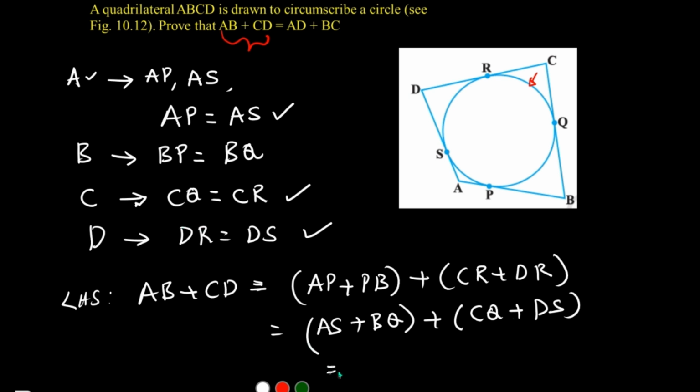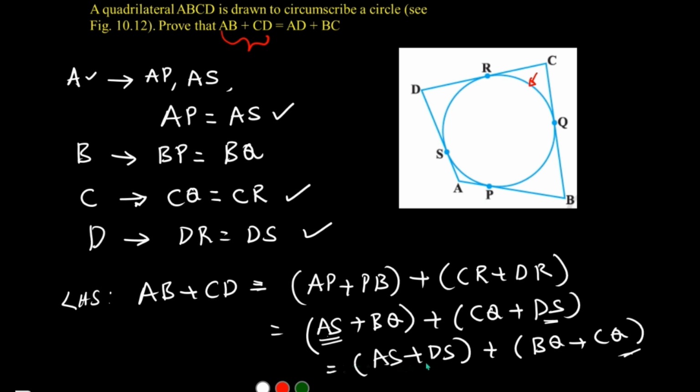Now we will rearrange these terms. We have AS, and do we have DS here? Yes. So AS and DS we will write together, AS plus DS, plus BQ and CQ together, BQ plus CQ.